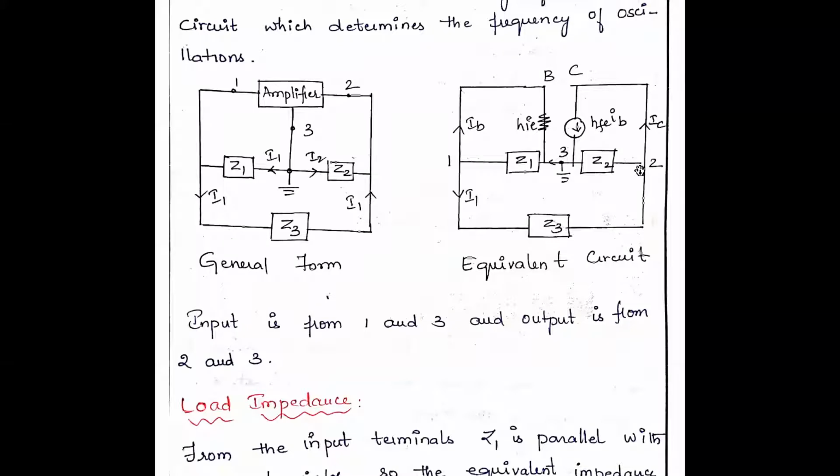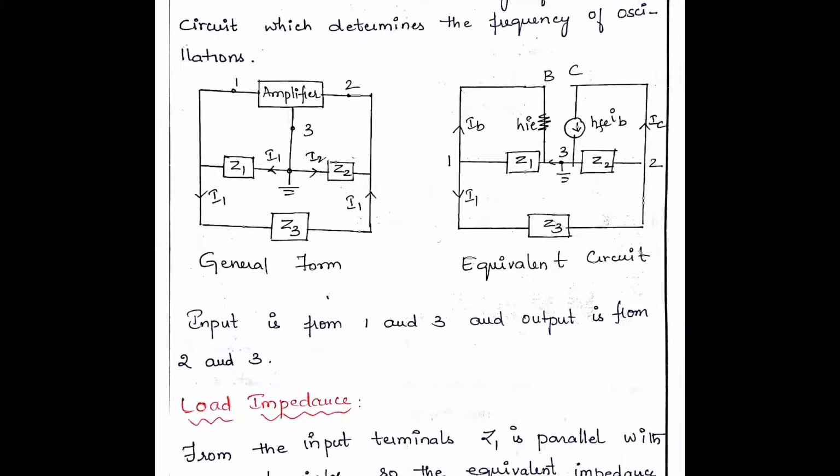So what will be the voltage gain? Voltage gain will be minus HFE IB ZL divided by HIE IB. IB will cancel. So the expression is minus HFE ZL by HIE.